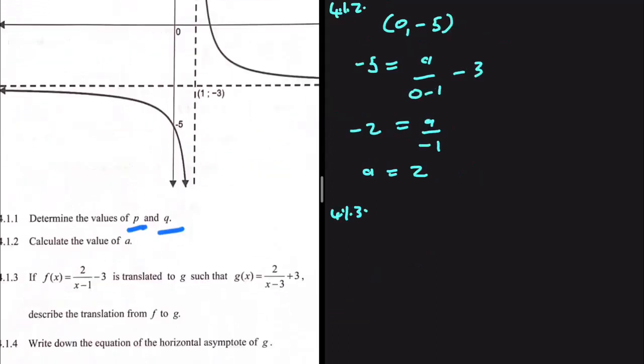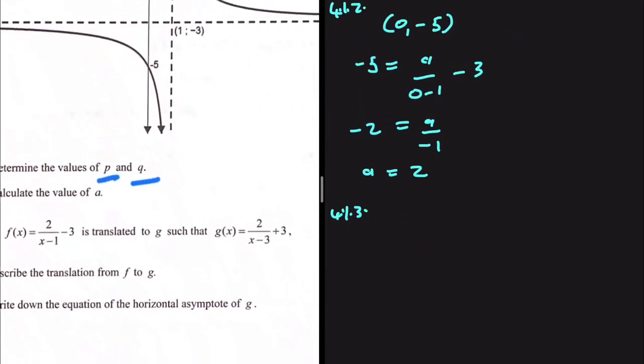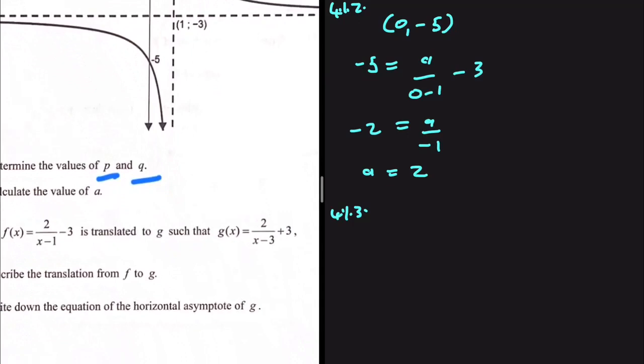4.1.3. If f(x) is translated to g(x), describe the translation from f to g. Let's take a look. In f(x), we have x − 1. In g(x), we have x − 3. When it comes to the x values, x minus shifts the graph to the right and x plus shifts the graph to the left. We had x − 1, and in g(x) we have x − 1 − 2, which is just x − 3.